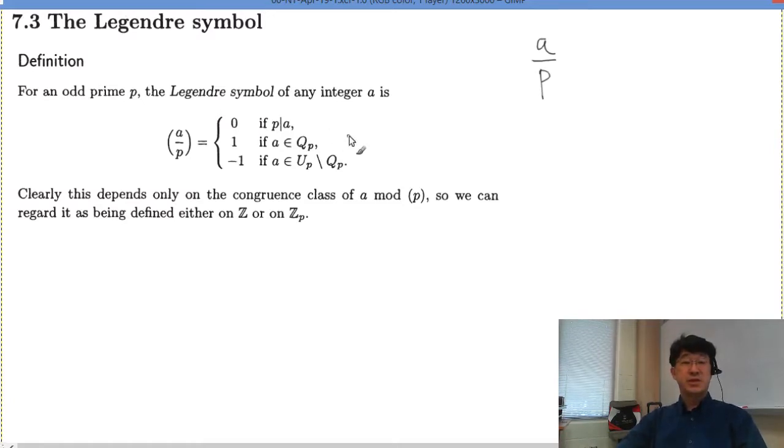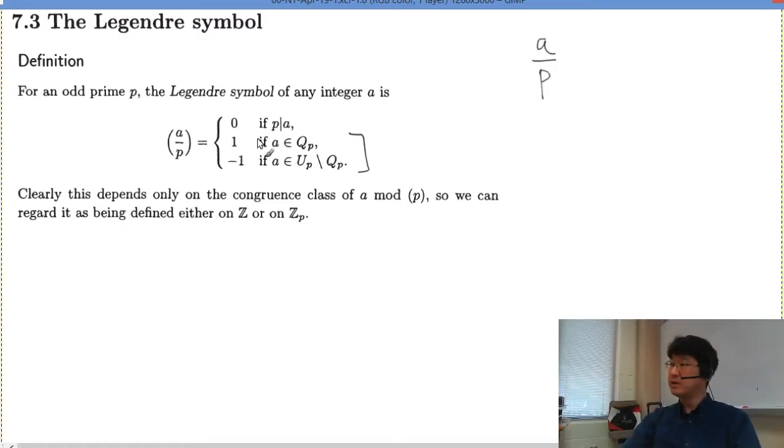We're mainly interested in these two cases, not the case where A is divisible by p, but they define it to be 0. It's about whether the congruence class of A is a quadratic residue or not. If it is a residue, positive 1. If it's a non-residue, you assign negative 1, right? Why positive 1 and negative 1? Where is this coming from?